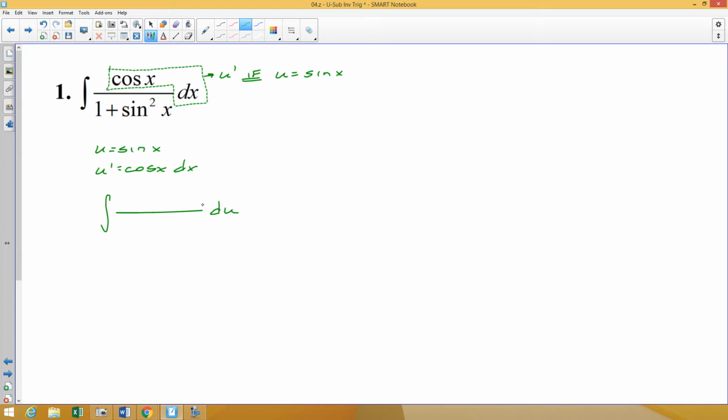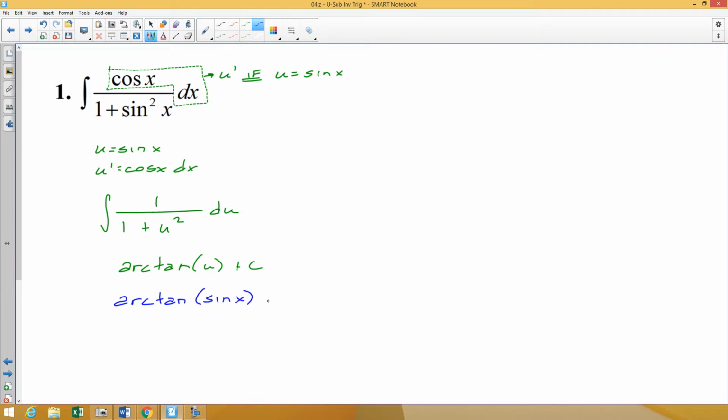My numerator was wrapped up in the du, so I'll put a 1 up there to hold its place, and on bottom it's 1 plus sine squared, and sine is u. And 1 over 1 plus u squared, you should recognize that as the derivative of arctangent. So that's arctan of u plus c, but we started with x's, we must finish with x's, so my final answer is the inverse tangent, or the arctan of sine x.